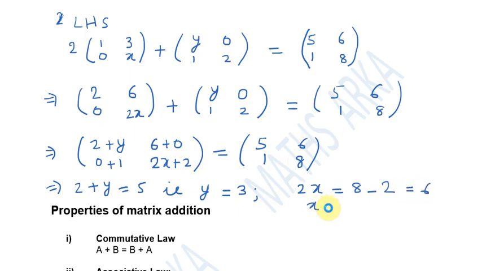That means x is equal to 6 by 2, that is 3. Hence x minus y is equal to 3 minus 3. Both are 3, and hence it should be equal to 0. So this is our answer for x minus y.